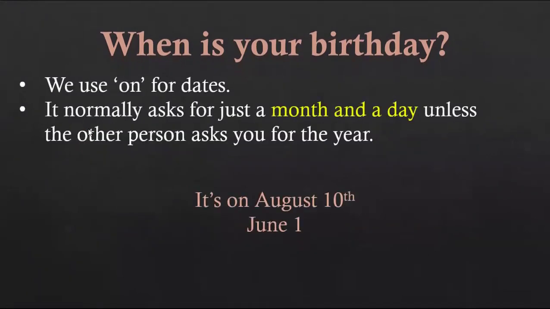And as usual, we know that for days we use on, right? On Thursday, on Friday, on Saturday. For months, we use in, right? In February, in June, in December, in April.